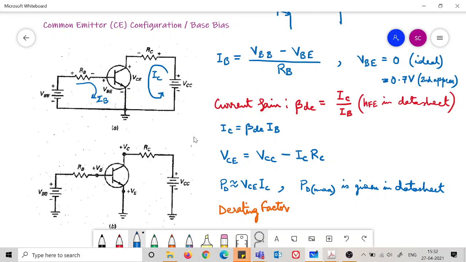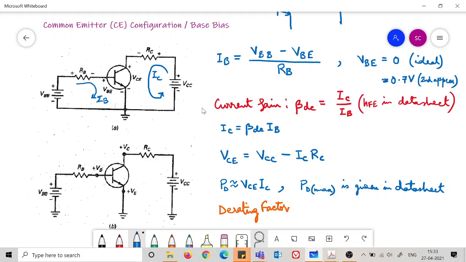Now there is a concept of current gain in the common emitter configuration. This current gain beta is a parameter for the transistor itself. When the manufacturer is making this, they will give you a beta which is given as HFE.